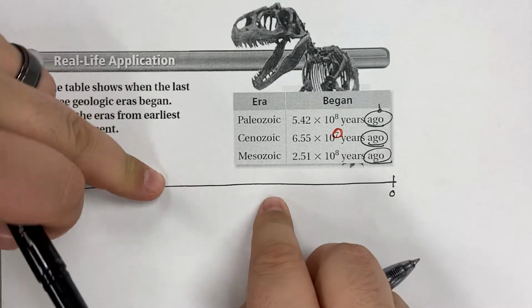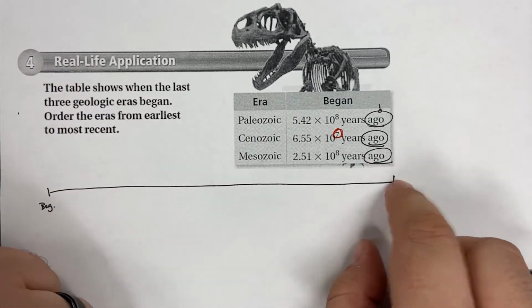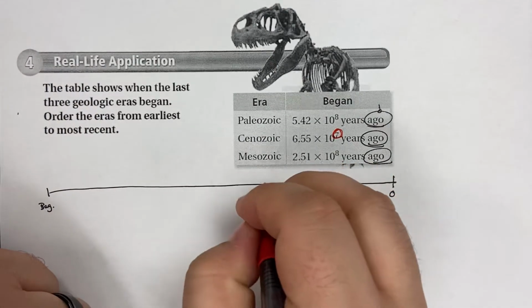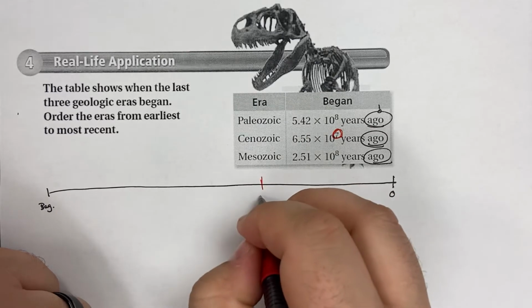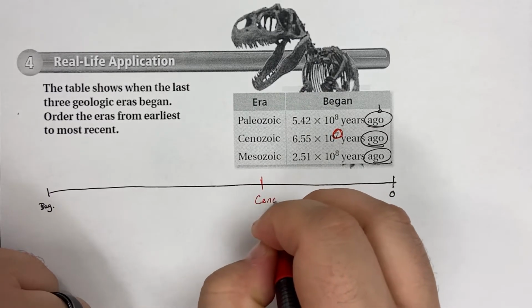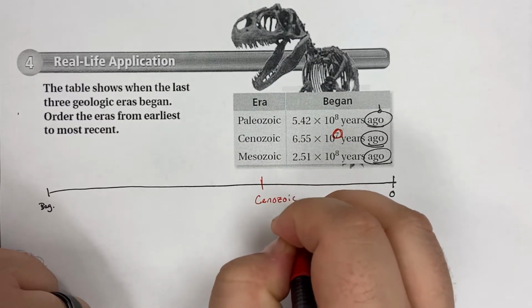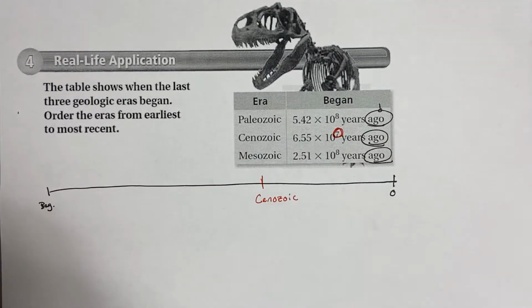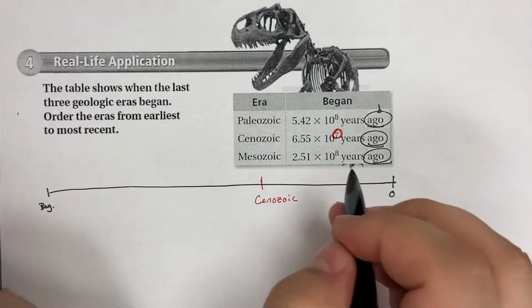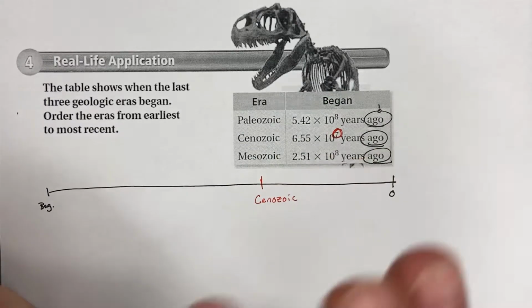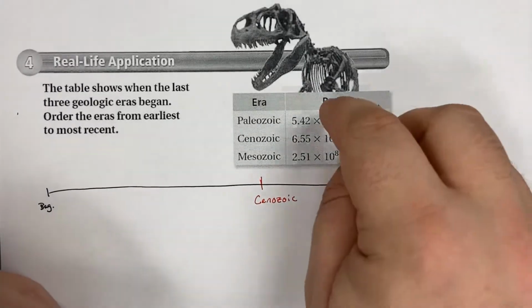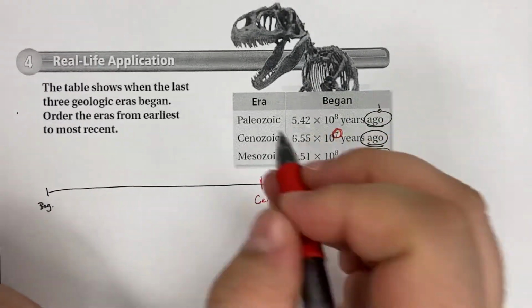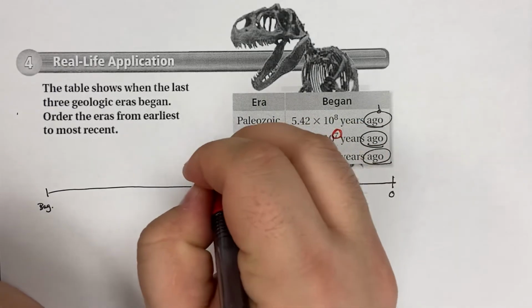So it's actually going to be sooner, or most recent to us. So I'm not even going to calculate anything, and I'm just going to say Cenozoic era. Now, I know that again because of that 7. Problem is, these two both have 8s. So, oh, by the way, this is most recent.